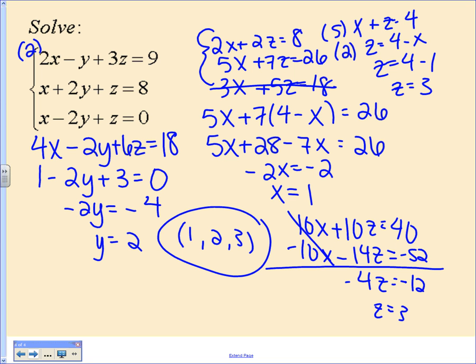I don't know that they give you a lot of fractions for these, just because it's so much algebra. If you get a fraction, rework it and make sure you did it correctly.